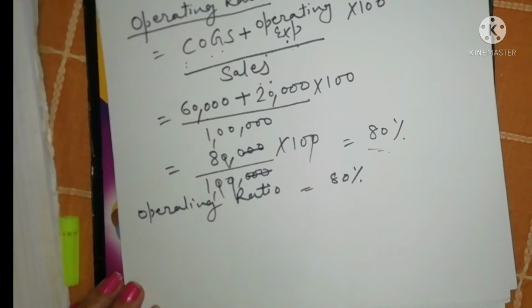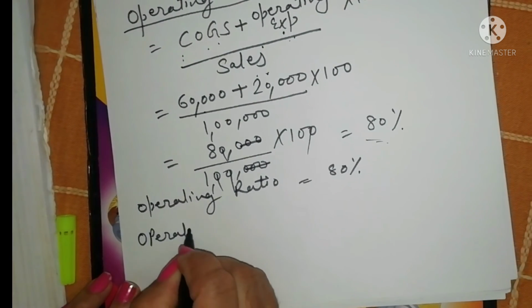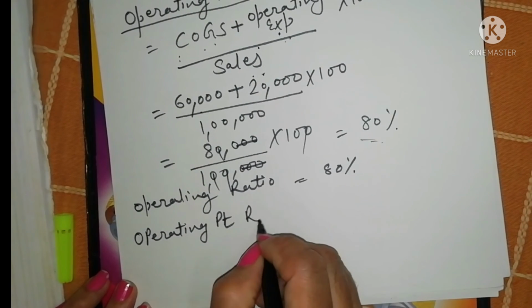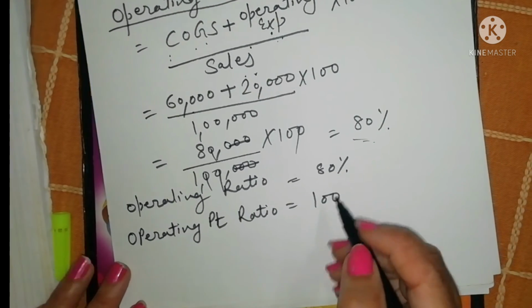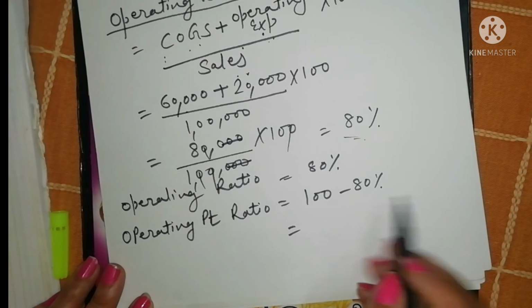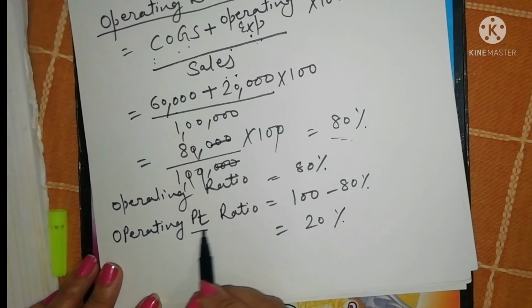So you can see that our operating ratio is 80%. Now the question is how to find out the operating profit ratio. Operating profit ratio is also based on the operating ratio. You know that the operating ratio is 80%. How to calculate operating profit ratio?